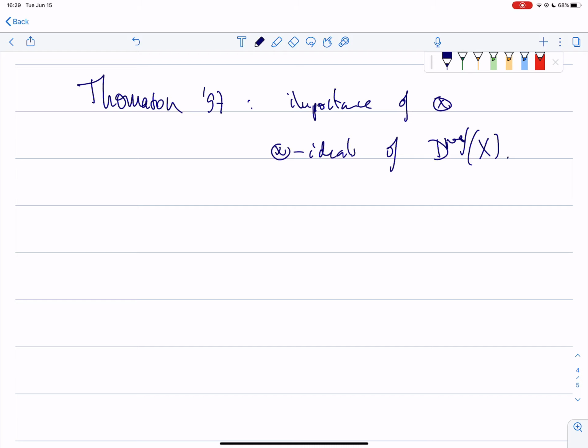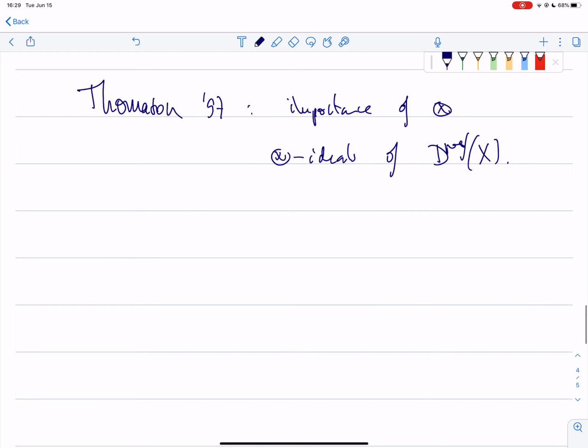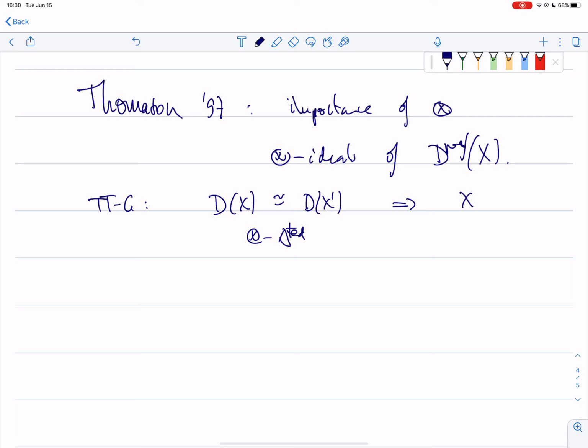And so, as a corollary, one of the applications of tensor-triangular geometry is you can prove that if D(X) is equivalent to D(X'), as tensor-triangulated categories, so not only as triangulated categories but preserving the tensor, which you would expect if the schemes are isomorphic, then the schemes are indeed isomorphic.